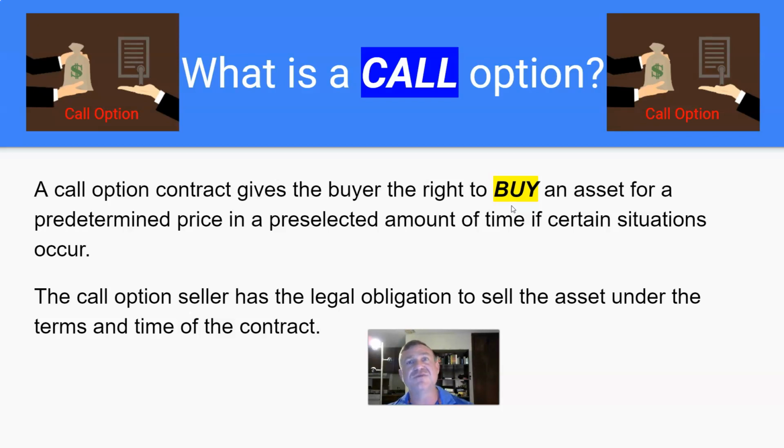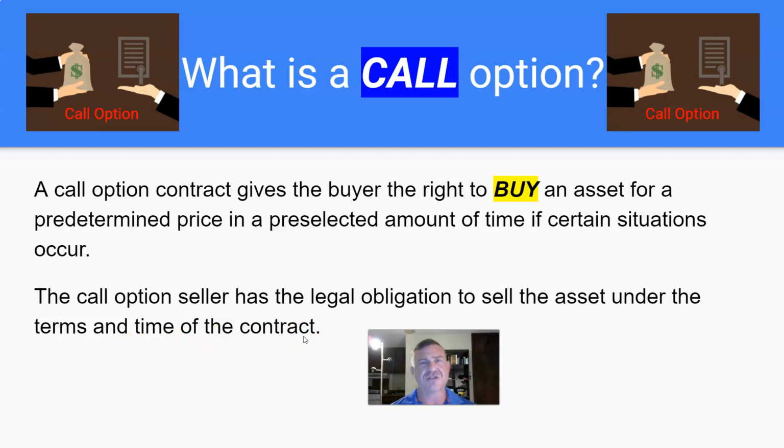The call option gives you the right to buy an asset for a predetermined price. Heard that before, haven't you? In a pre-selected amount of time. If certain conditions occur. The call option seller has the legal obligation to sell the asset under the terms and time of the contract. Wow, you heard that before.